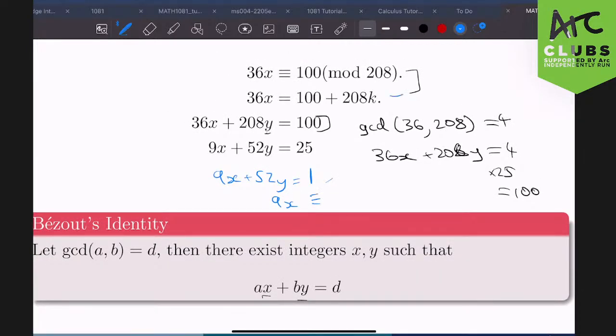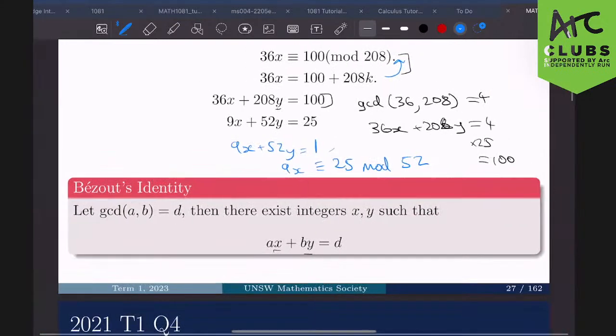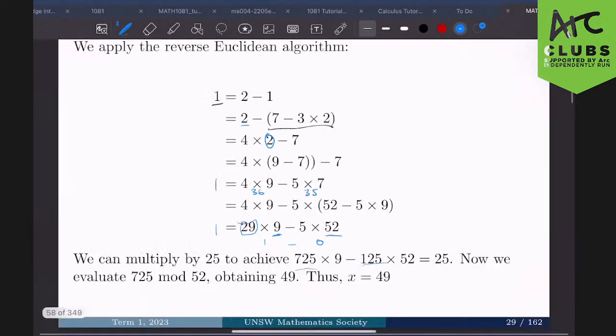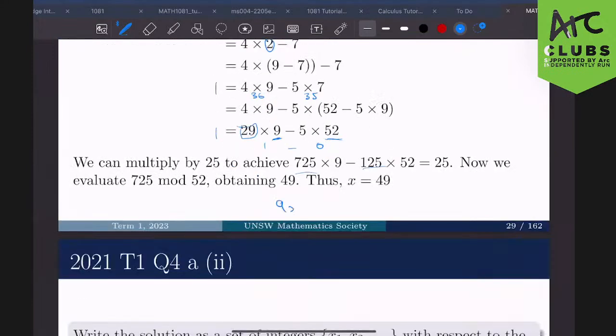We're just reversing this step again. 25 mod 52. Okay, so that's what we're really doing. X 52.